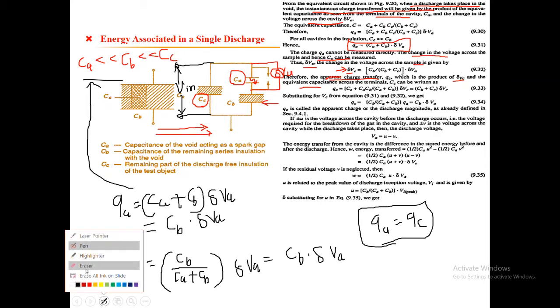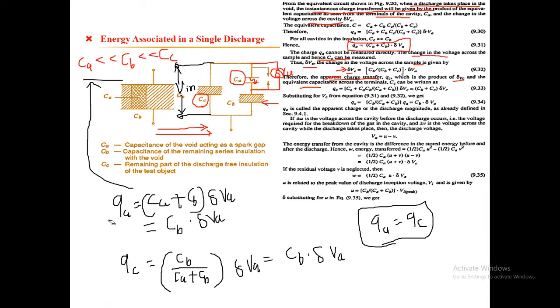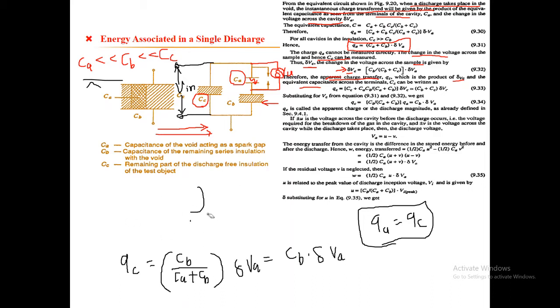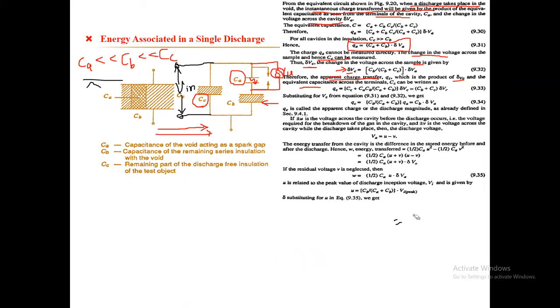So if we are considering the sinusoidal voltage, let me wipe it again for the further explanation. As we know that the discharge is occurring during the positive cycle as well as during the negative cycle.